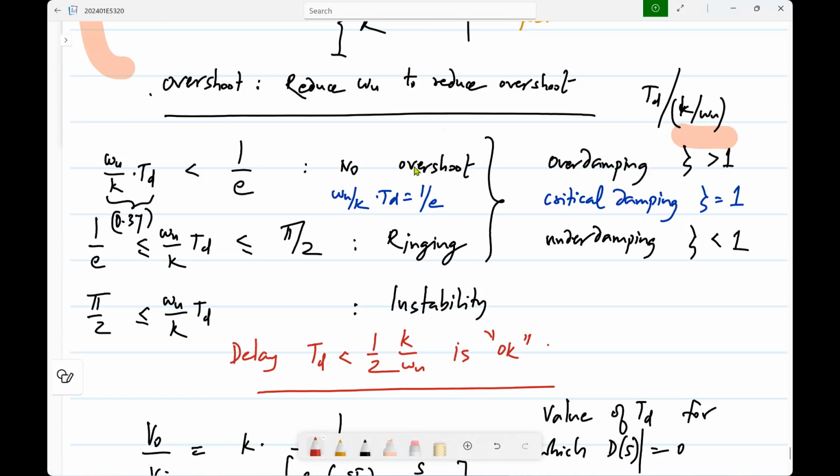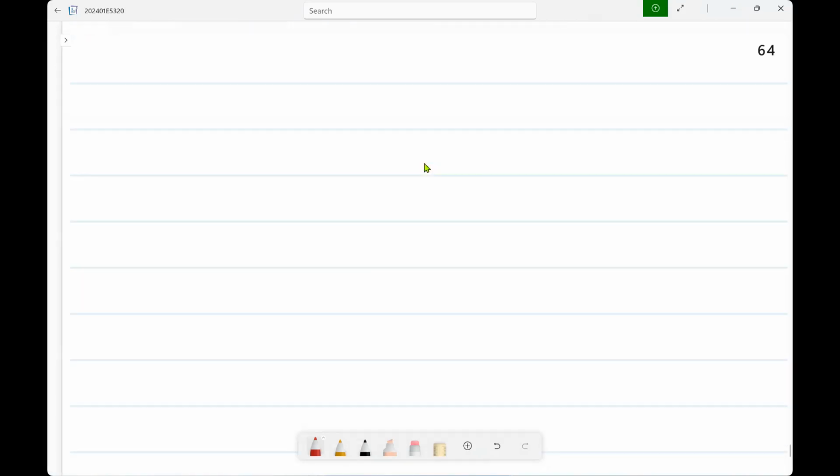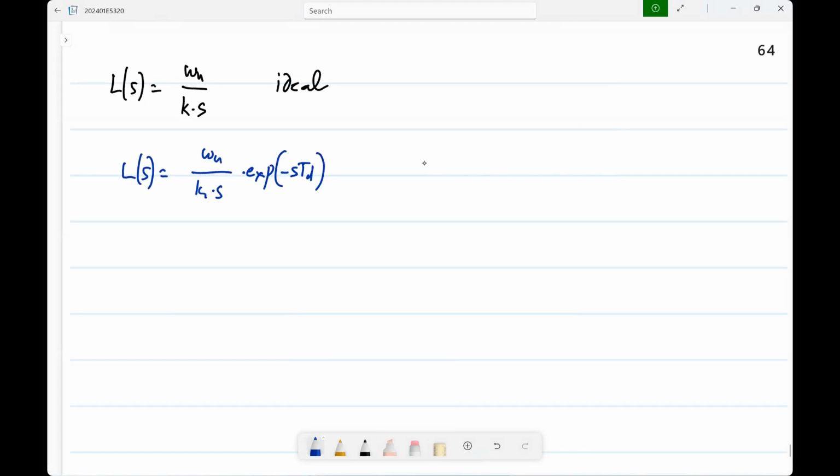So let's say we have, again, what you would have studied. First let me do this. This is the ideal case, and then I have the case with delay.